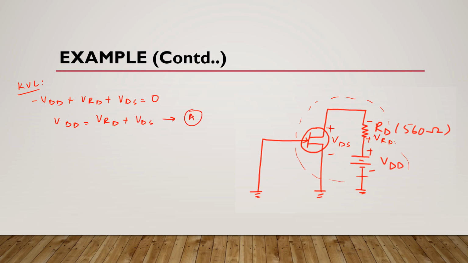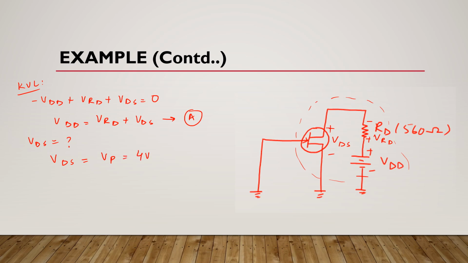Now, here we don't know the value of VDS, but we know that the minimum value of VDS for the junction field effect transistor to be in its constant current region is equal to the pinch off voltage. It means here this VDS is equal to VP, which is 4 volts.